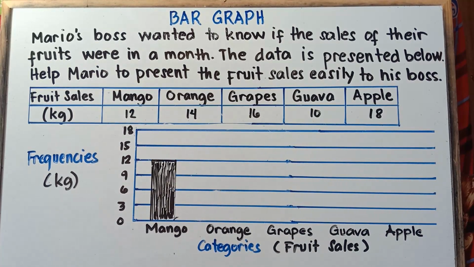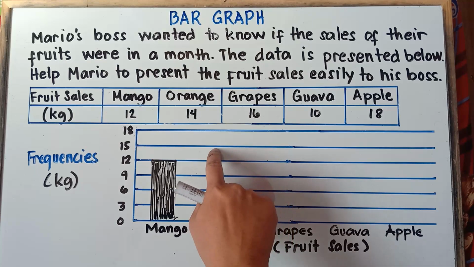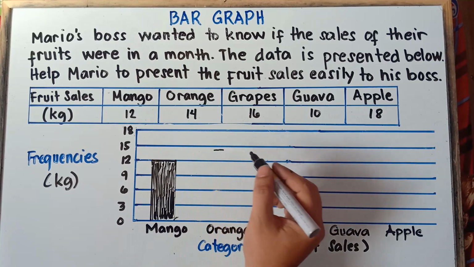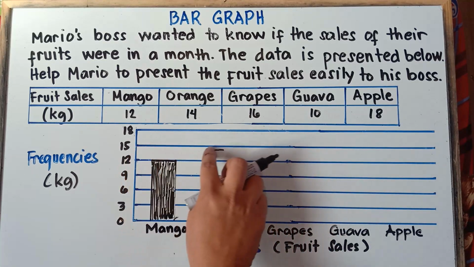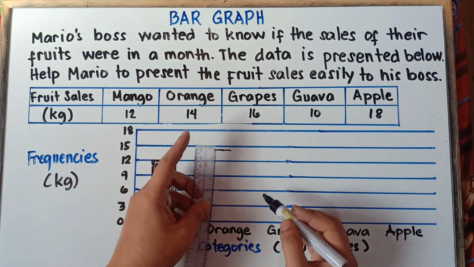And then next step, we have orange, that would be 14. So if this is 15, that would be near 15. This one right here will be 14. So simply estimate, class. If this is 15 for this line, below 15 would be 14.